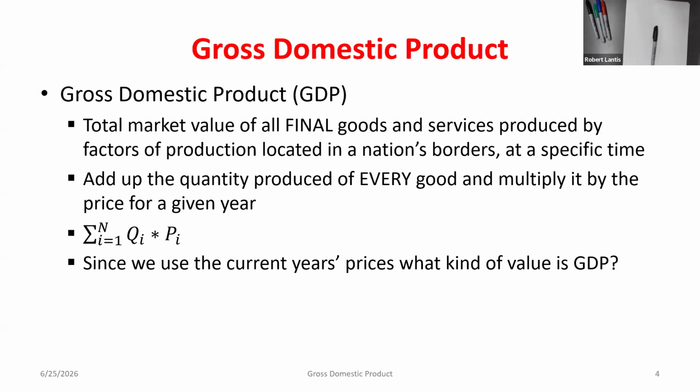We talked about this difference between nominal and real last class. If prices rise, GDP would have to increase even if we produce the same quantity of that good. And so when we're looking at real GDP, which we'll talk about later on, we want to control for prices. Nominal GDP doesn't do that. So when we're using the current year's prices, we're not thinking about inflation. We're not capturing that. So we're looking at nominal values or nominal GDP.